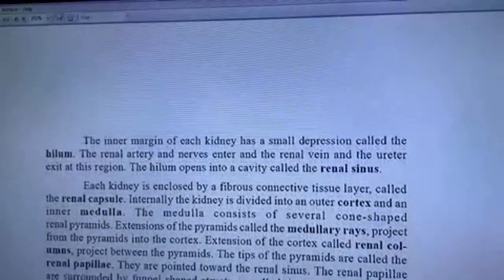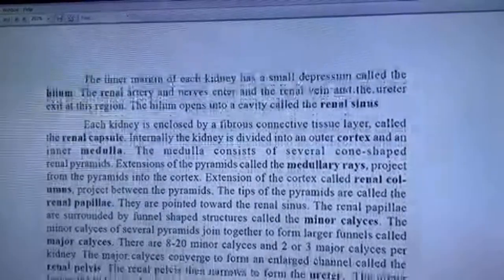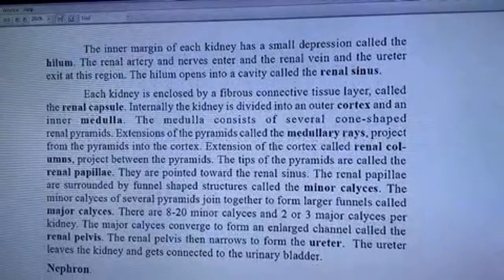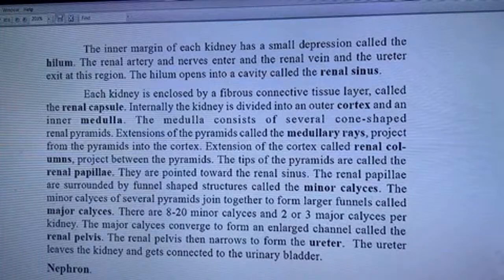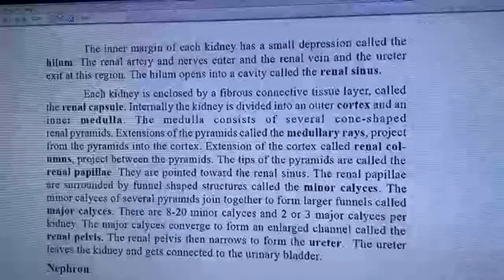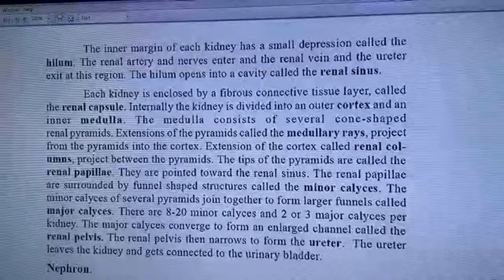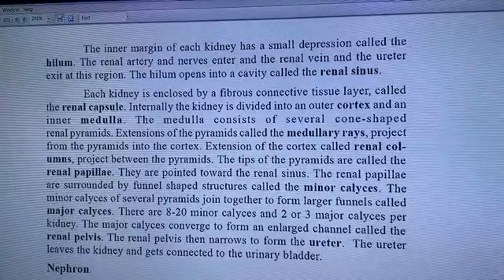The inner margin of each kidney has a small depression called the hilum. The renal artery and nerves enter, and the renal vein and the ureter exit at this region. The hilum opens into a cavity called the renal sinus. Each kidney is enclosed by a fibrous connective tissue layer called the renal capsule.